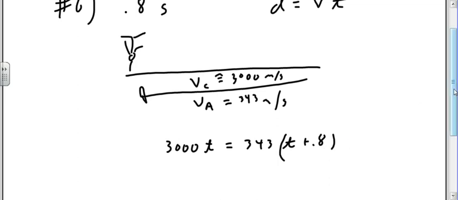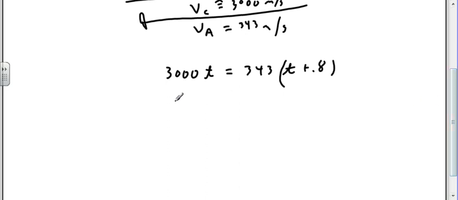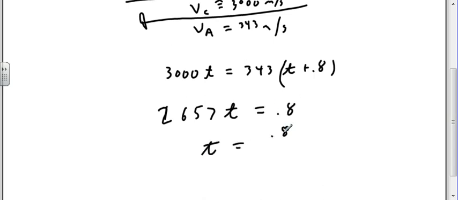Now the only thing we have to do is figure out what t was. Once I find out what t is, then I can multiply it by my speeds and come out with what the distance is. So I've got 2,657. T is equal to 0.8 divided by 2,657. That's 310 microseconds.